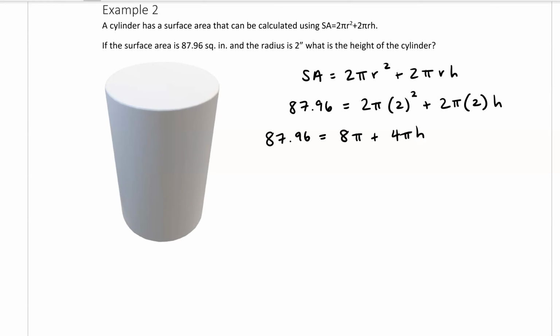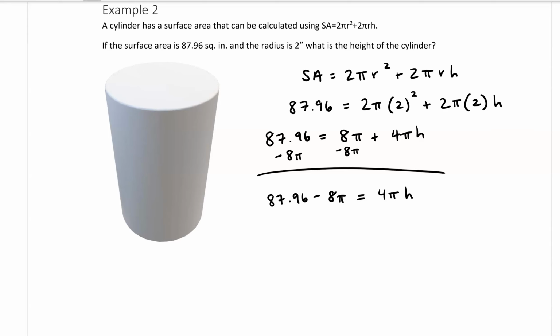Our overall goal is to get h by itself. So the very first thing we want to do is subtract 8 pi on both sides. If we do that, we get 87.96 minus 8 pi is equal to 4 pi times h.